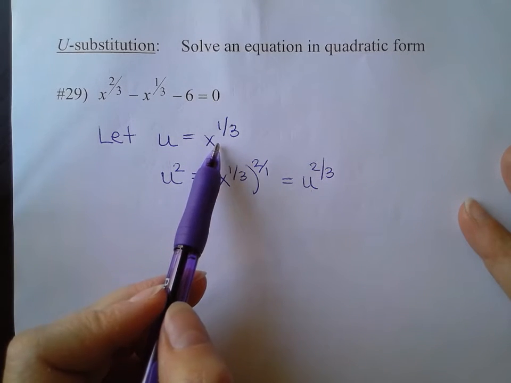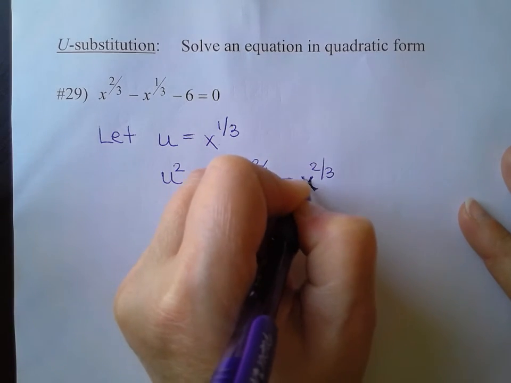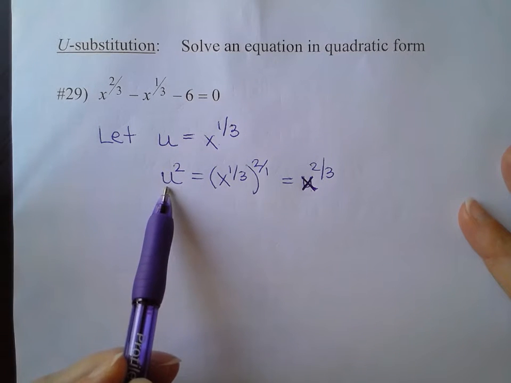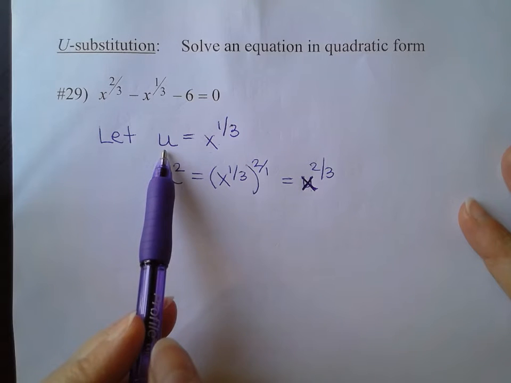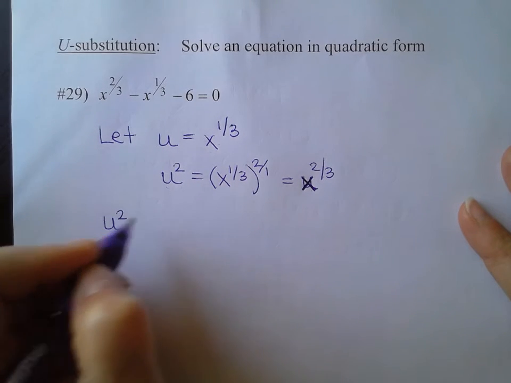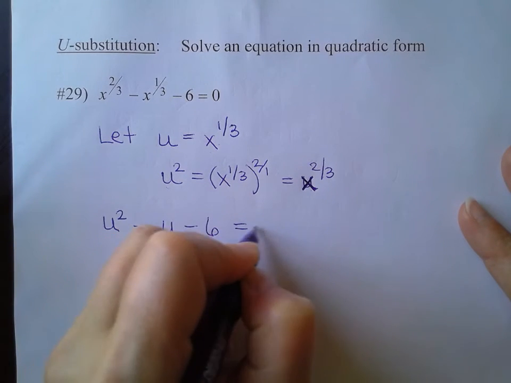Oh, sorry, there should be an x. Let me say that again. Anywhere where I see x to the 2/3, I can put in a u squared. Anywhere where I see x to the 1/3, I can put in a u. So this changes my equation to u squared minus u minus 6 equals 0.